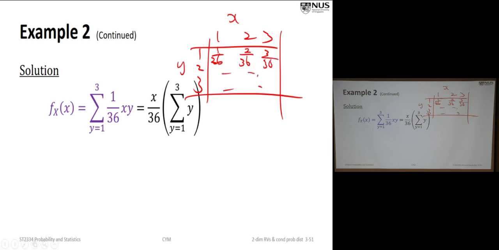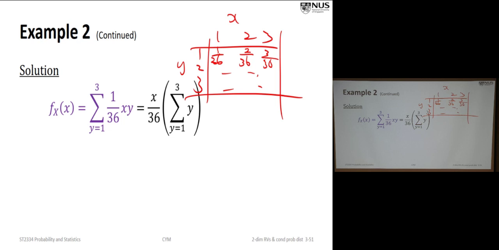Okay, you can explicitly write in a table, but you are not advised to do that. Why? Because it's too much work. And not only that, now we have only x equal 1, 2, 3 and y equal 1, 2, 3. So what happens if I tell you x equals 1, 2, 3, 4, 5 up to 20, and y is 1 up to 20? Then your table is 20 by 20, so you have to evaluate 400 entries. You don't want to do that.